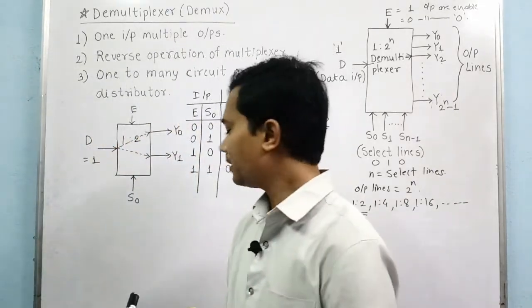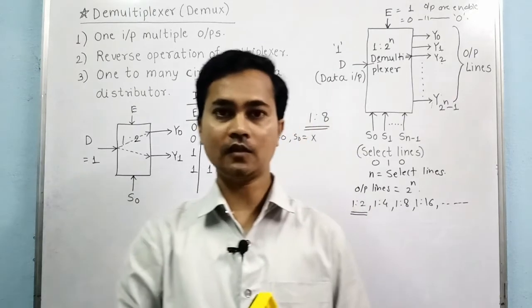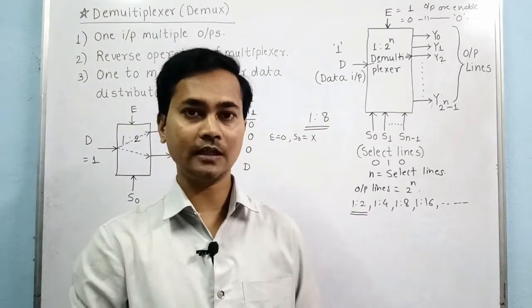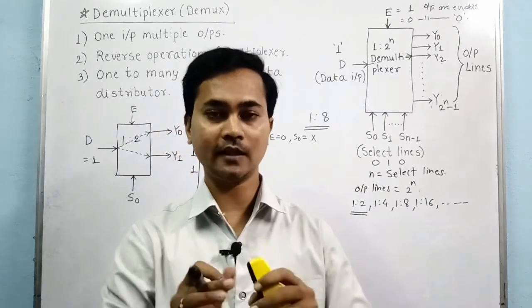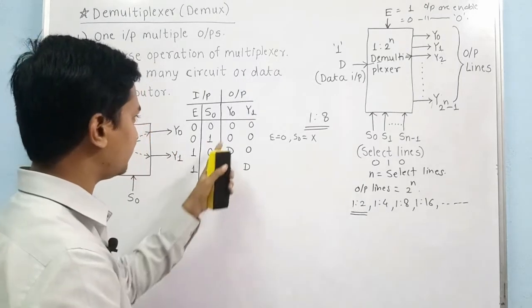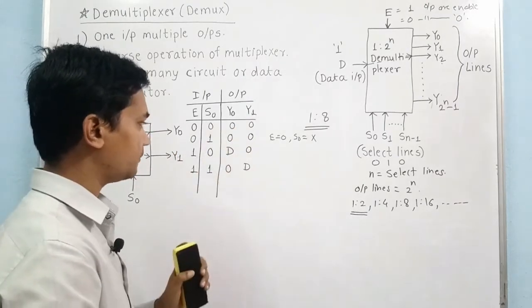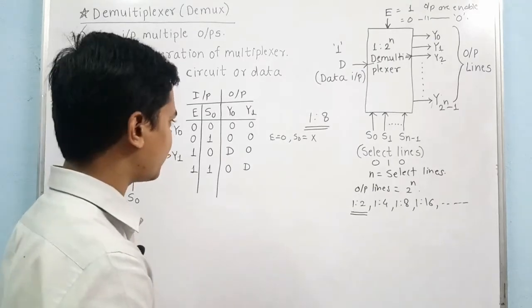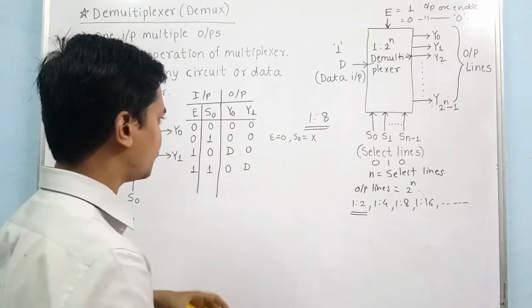Now we have to find the equation of the individual output lines. We know how to find the equation using a K-map or any Boolean expression. First of all we will find the equation for this truth table. Now we will see one example for obtaining the equation of output lines.